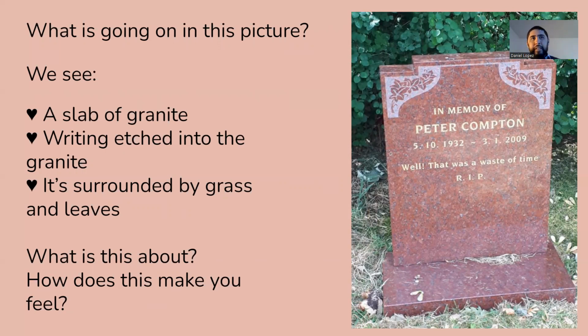Most of us, I would say all of us, could probably guess that it's a headstone for someone who died, because we're given a person's name, dates, which are probably indicating when the person was born and when they died, and then a quote from them, which tells us about the person.